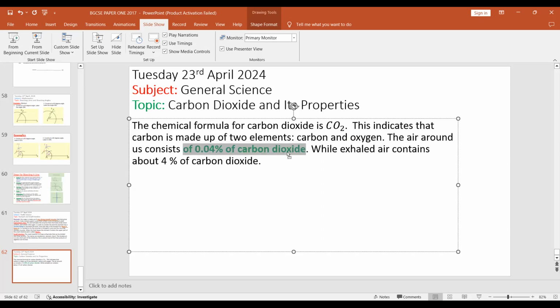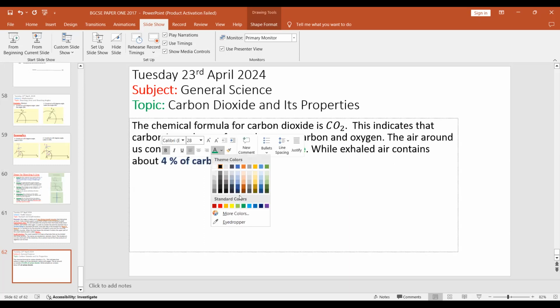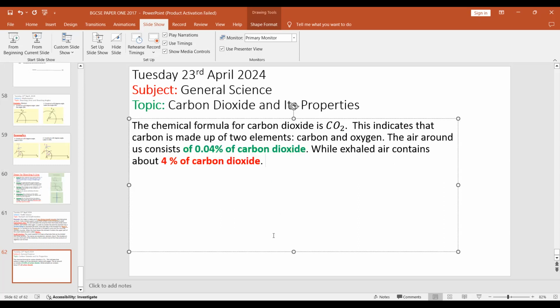Why do you think that exhaled air has 4% while inhaled air or the air around us only has 0.04? Does anyone know? It has more oxygen. No. Why would exhaled air have more carbon dioxide? There's a simple reason for that.